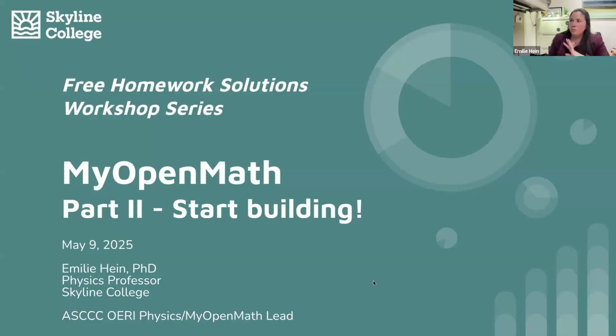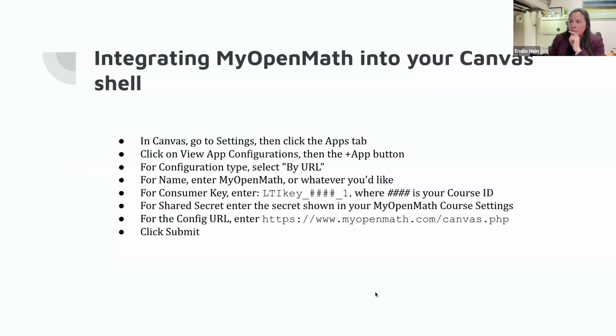So the rest of these slides, I can show you real quick, but I really just put them there for you to be able to reference later. As I said, I was going to just go on the platform, but I just want to show you what's here. If you do decide that you create some content and you want to integrate that in Canvas, I essentially put a step by step of how you can do this.